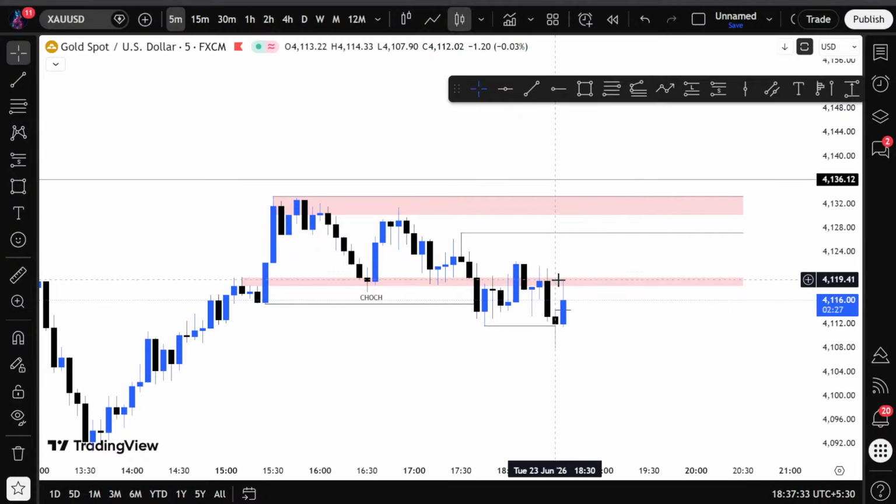First area is already tapped. So if the testing candle doesn't close above, we will short it.